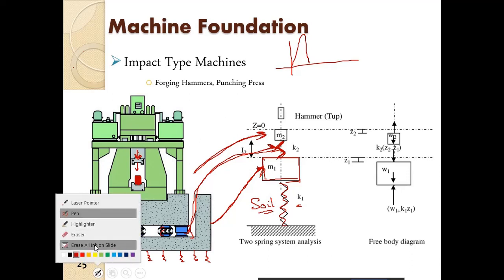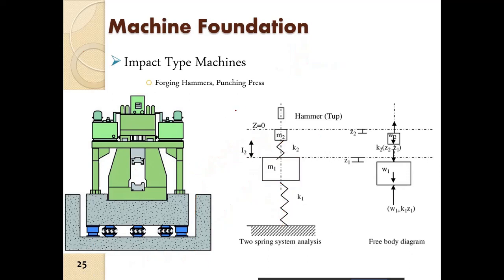Now if you look into this part here, we have a hammer at top. It falls down and it imparts a velocity to the mass m2. And the mass m2 gets compressed.